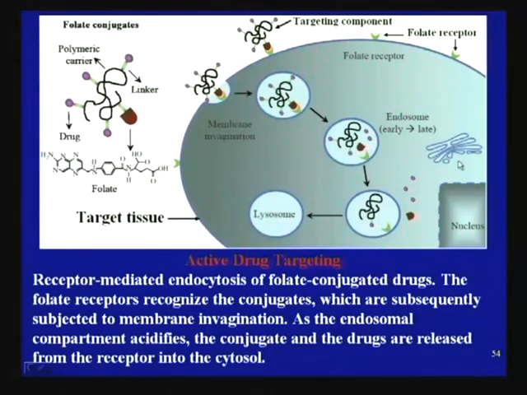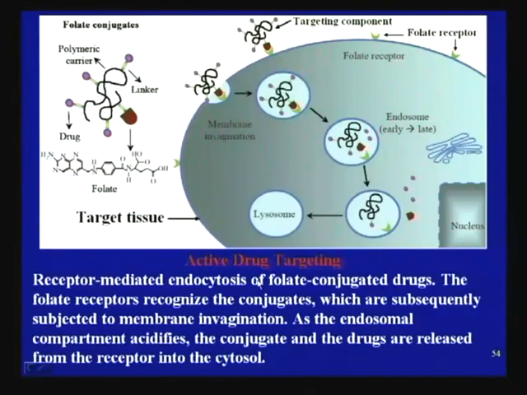So, this is a model. With the help of this model, how active drug targeting and targeted delivery can be done is shown. So, this is a system containing polymer to which drug is attached through the linker, and it is again connected to a detector, and there will be a receptor which will recognize only this, not the others. This receptor, folate receptor, will only recognize the folate, not others.